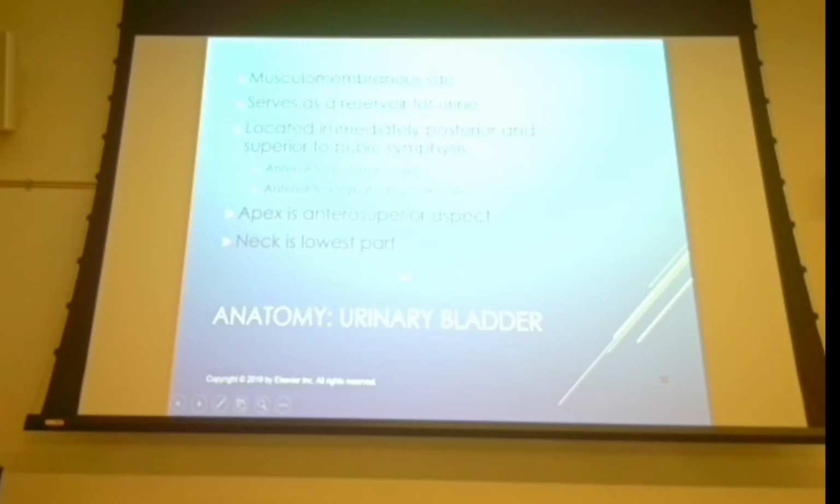So where we see not really pathologies, but trauma of the bladder is in patients most of the time who are in high impact collisions and they've got a full bladder. Sometimes what we can have is a rupture of a portion of the bladder.